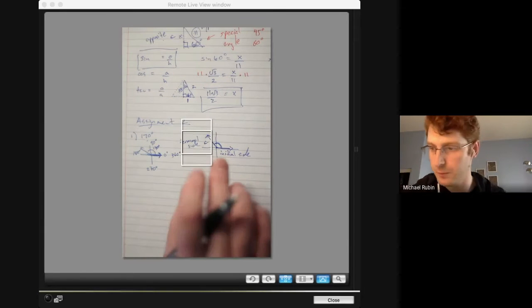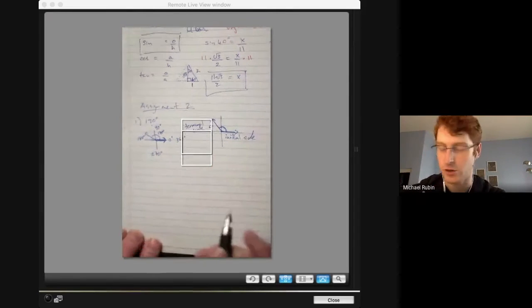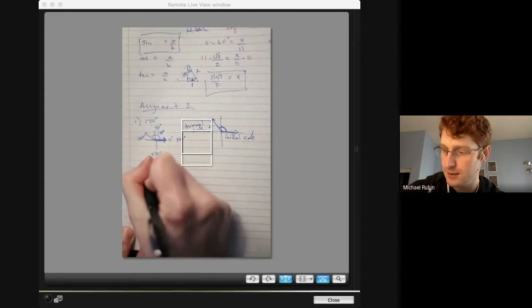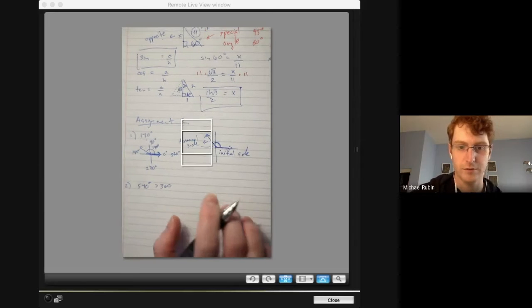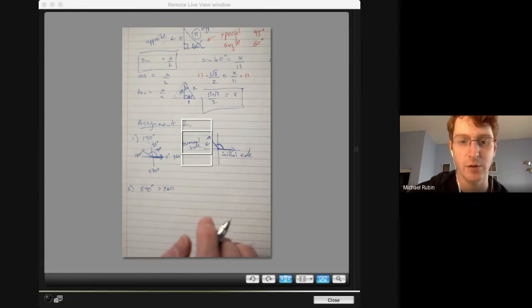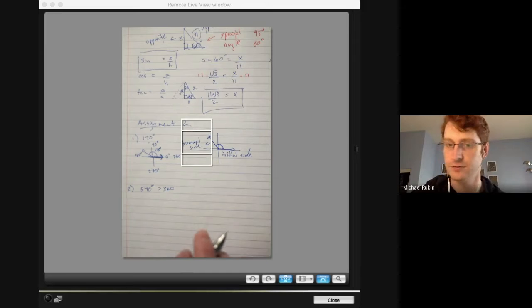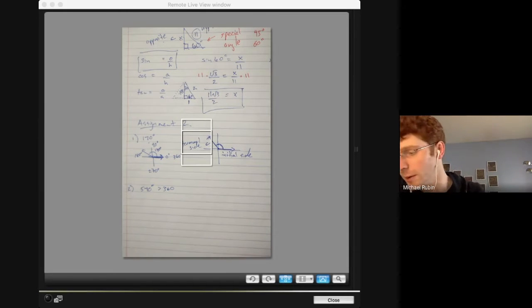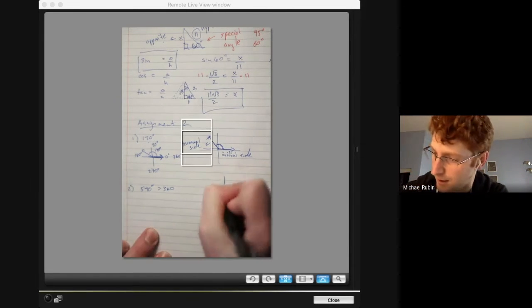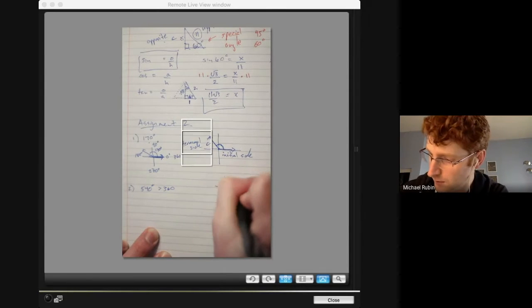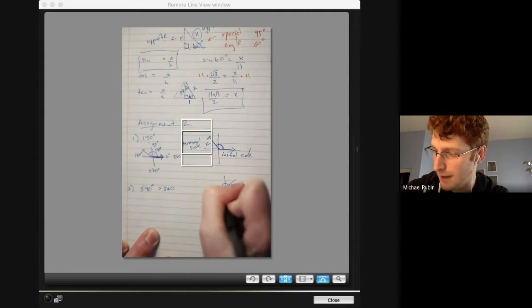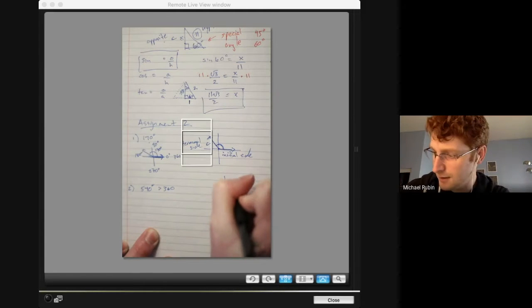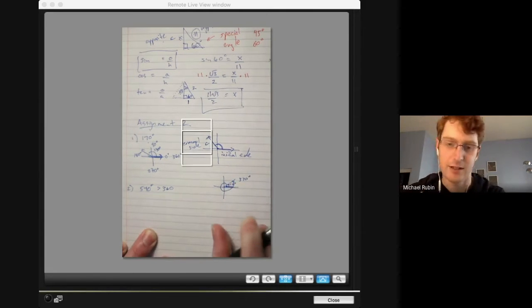All right, so problem 2 is a little bit more complex because 540 degrees is greater than 360. So what you need to do is figure out what angle 540 degrees is coterminal to. Remember a coterminal angle: if you have 10 degrees, it's going to look exactly the same if you add 360 to that and have 370 degrees.